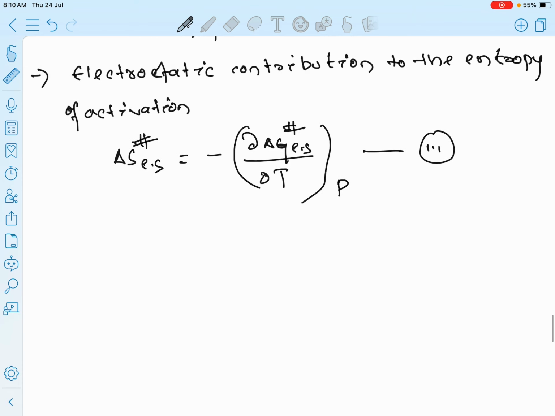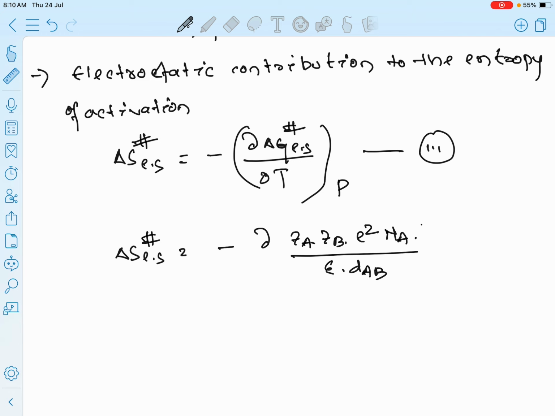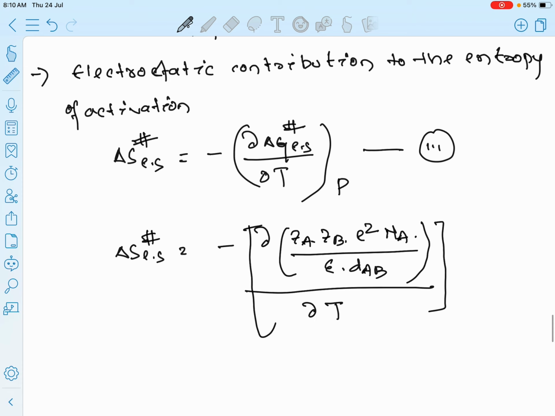Just now we will put the expression for delta G activation, and that is nothing but minus of del ZA into ZB E square into NA divided by epsilon DAB, divided by del T and keeping pressure constant.